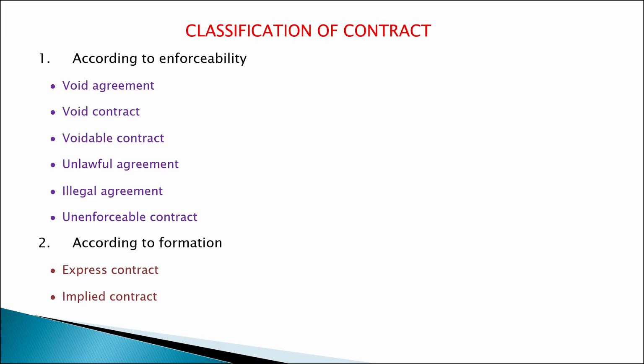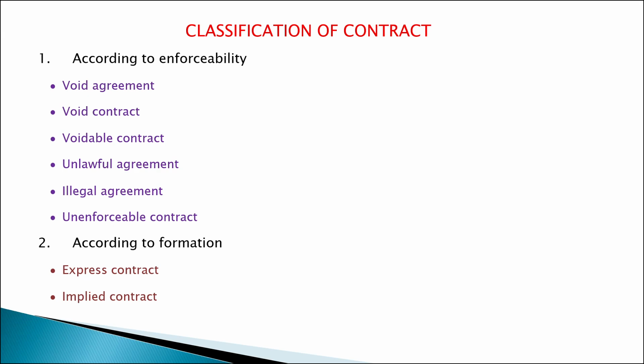So next one is unenforceable contract. Under the classification according to enforceability, the last point is unenforceable contract. That means sometimes a contract may become unenforceable owing to certain technical defects in it.